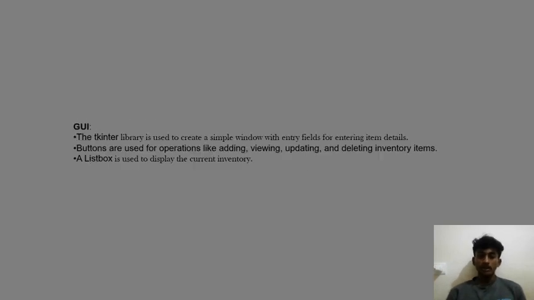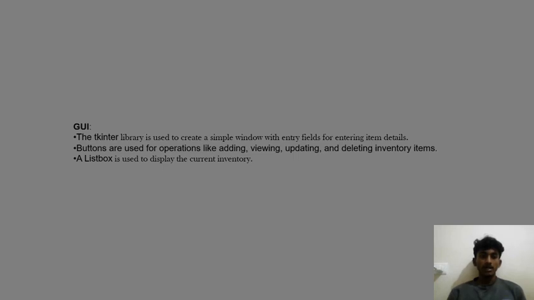And the next step is GUI, and in this there are three steps. Step 1. The Tkinter library is used to create a simple window, and we should use the entry field for entering the item details. This is step 1, and step 2.